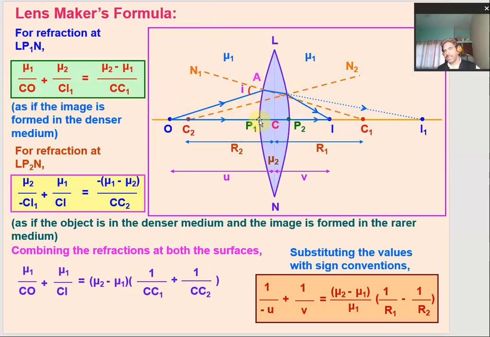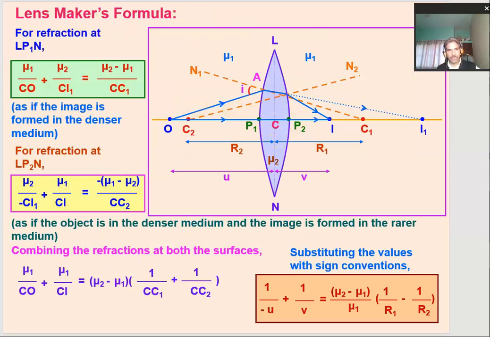So in case of lenses, all the distances according to sign conventions are to be measured from its center. This is called the optical center of the lens. So in case of lenses, all the distances are to be measured from the optical center of the lens, not from its poles P1 and P2.